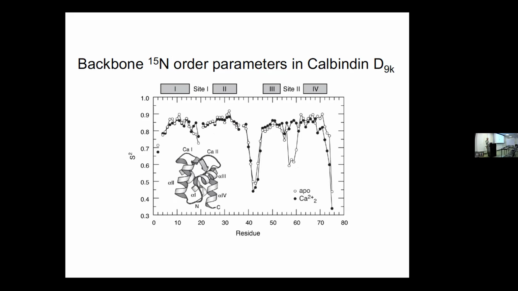And they had a mutant that blocked calcium binding here, and you basically had the same profile over here. Anyhow, this was the first case where the change in order parameters was used to estimate a change in conformational entropy.